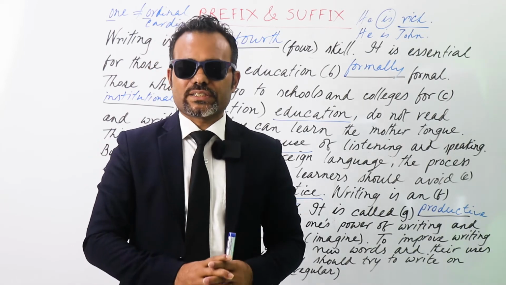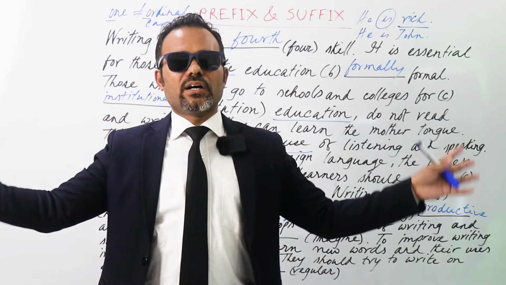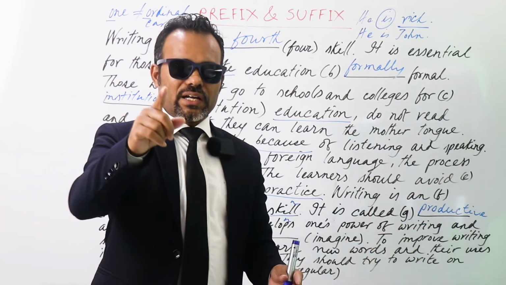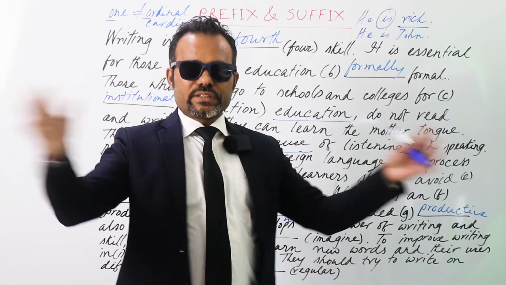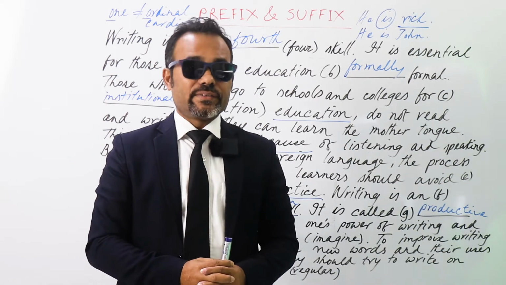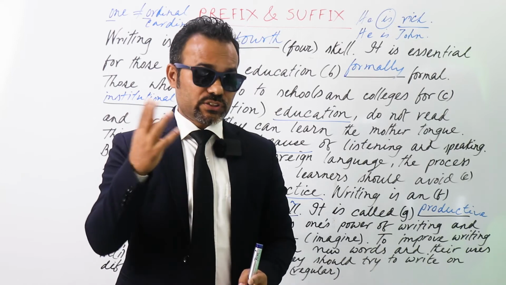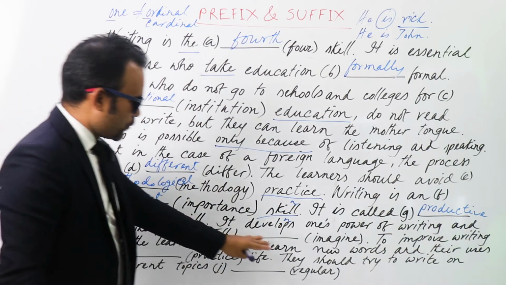Please watch the video on parts of speech, which I have made as a very large, 70-minute video, but it will be an investment. Believe me, I have talked very intensively and widely, and you'll be hugely benefited if you just watch this video. So after a preposition we need a noun.